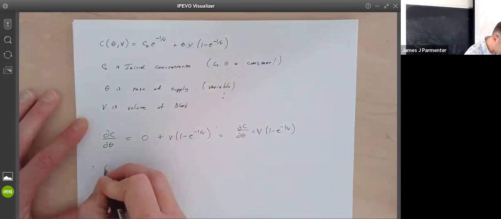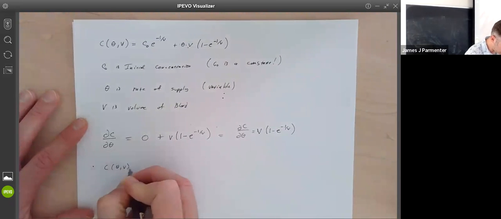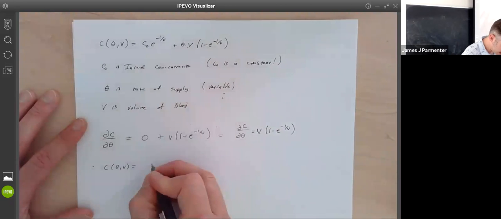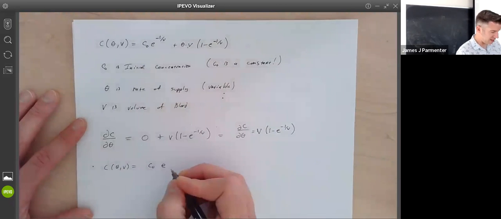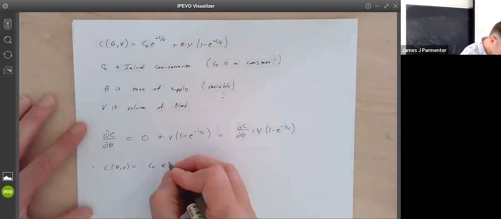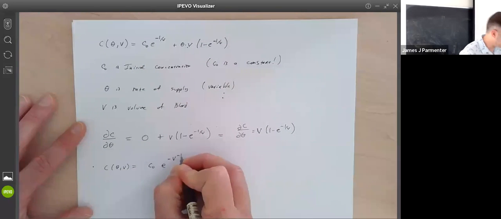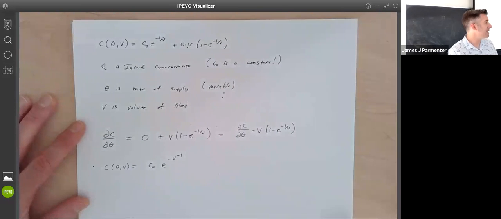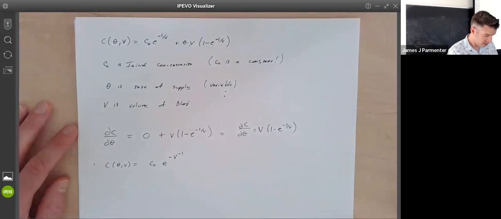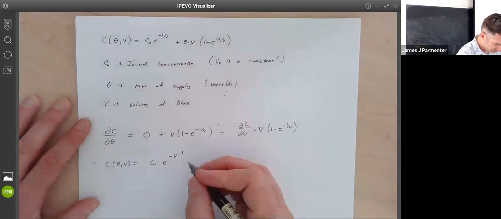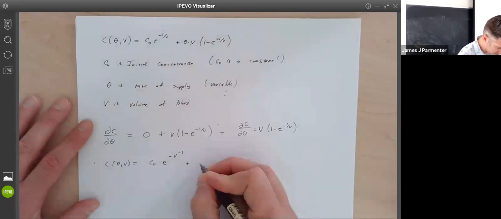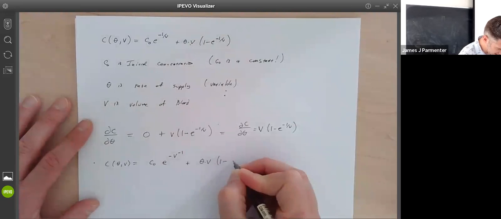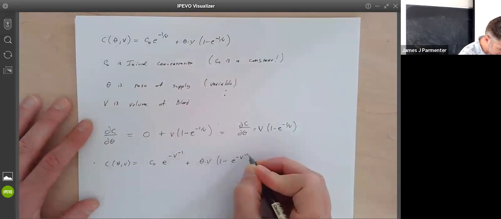If I was doing the partial with respect to v, I would probably make a couple changes. I would probably rewrite my function in the following way. I would write this as c naught e to the, instead of -1 over v, negative v to the -1. It's going to make it easier for me to use the chain rule. Over here, I'm probably still going to write it as theta times v times 1 minus, again, e to the negative v to the -1.